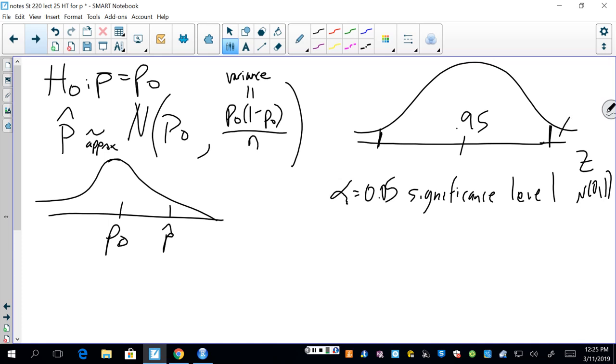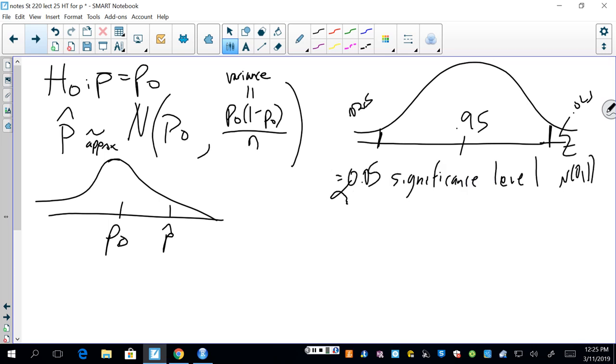Two-sided, we put 2.5% in each one of these. And we know for a standard normal that cutoff value there is 1.96, almost 2 standard deviations. And this is less than 1.96. So if our standardized value ends up out there, it's going to be unusual.